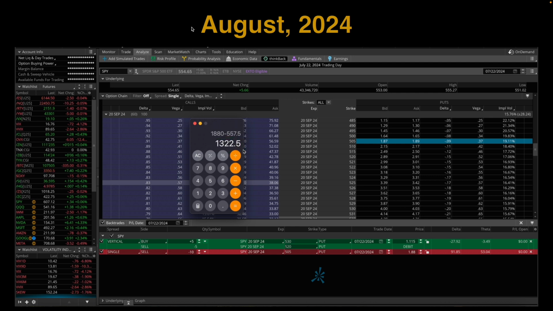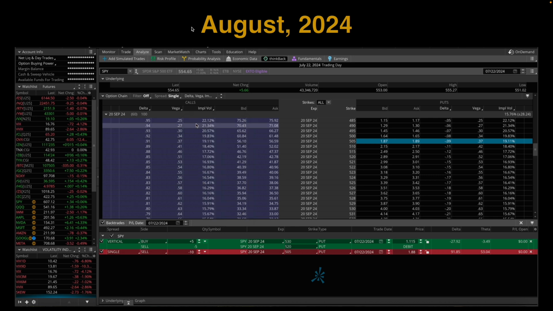So that's the net credit that this position would have brought in at the time of initiation. And this has a max profit of $6,322.50. I got that by taking the max profit from the put debit spreads, which is equal to $1,000, and adding the credit to that.